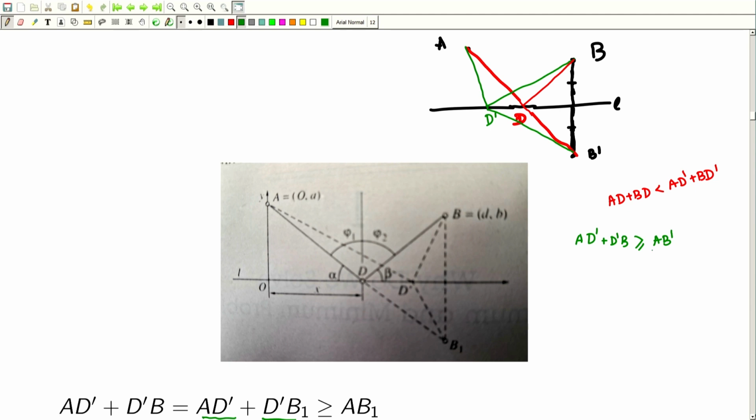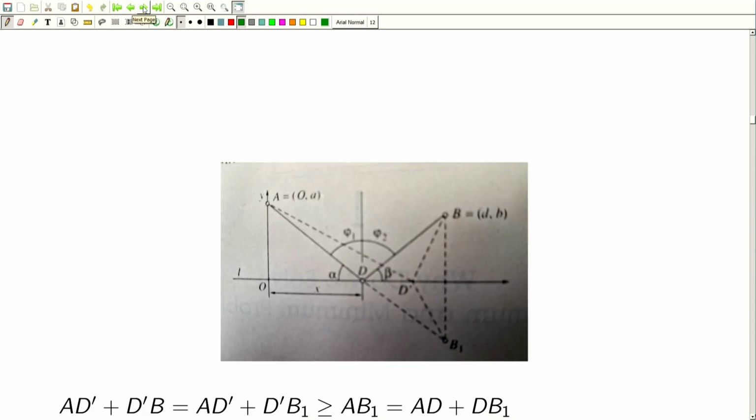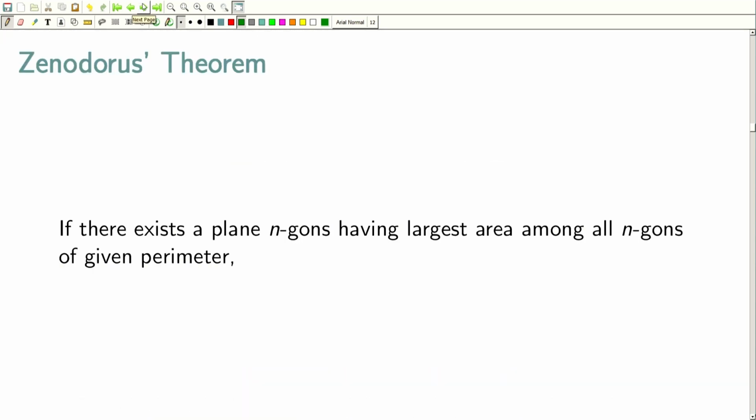Now this AB prime is nothing but AD plus DB prime, and this is AD plus DB, because again BDB prime is an isosceles triangle. So this point D gives the minimum among the sums of these two. Okay, so that is what the proof is.